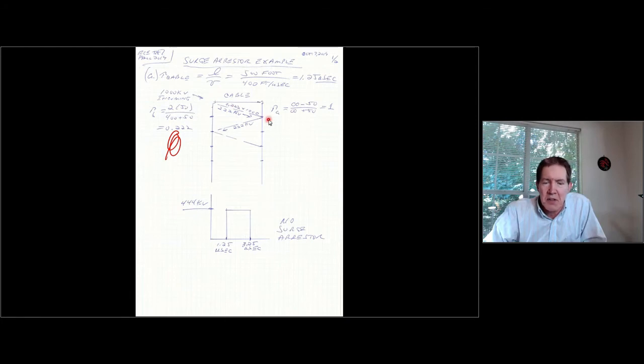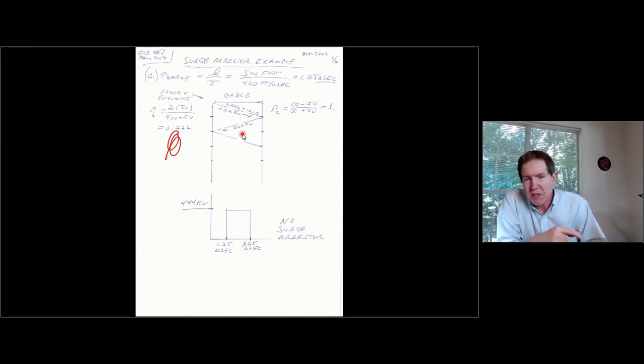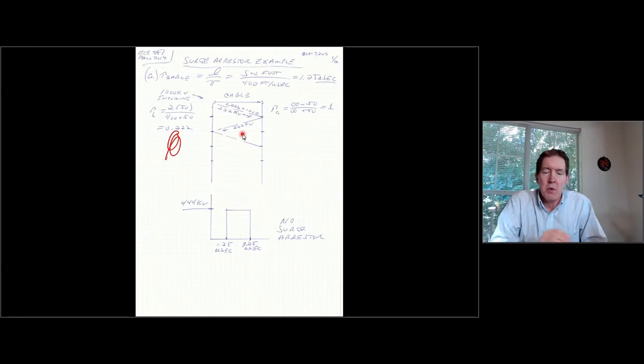And what I'm going to get reflected back is 222 kV. So this is the classical open circuit voltage doubling effect, right? Basically we have 222 kV coming in plus a 222 kV that gets reflected. What I'm going to get as a result is 444 kV.